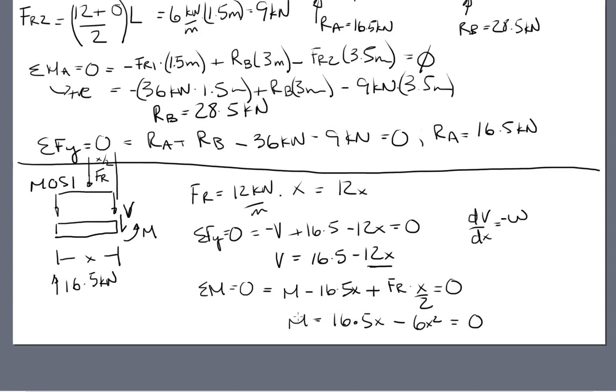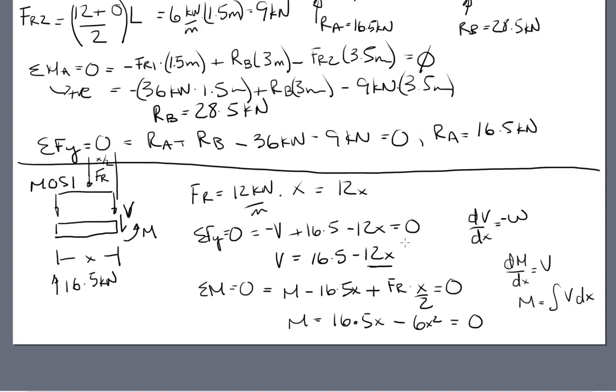So this function here describes the moment, and just a little hint going forward, remember dM by dx equals V. So then M is equal to the integral of your function V. If you know how to take an integral, you'll realize that dM by dx equals V: for M, 16.5x, the derivative is 16.5, and the derivative of negative 6x squared is 12x.